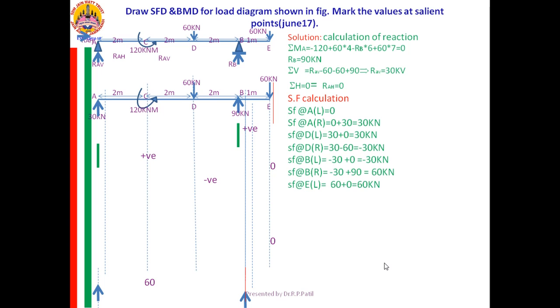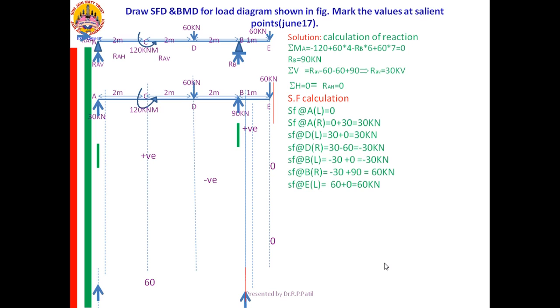SF at E right I want. Till E left, it was plus 60. When I am coming to the E right, see what is the load acting there. 60 kilonewton is acting. On what part is it acting? It is acting on the left part. Therefore, it is minus 60.